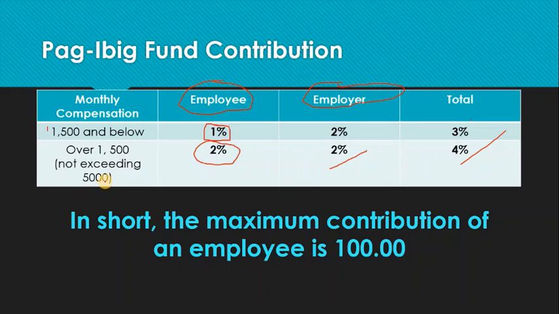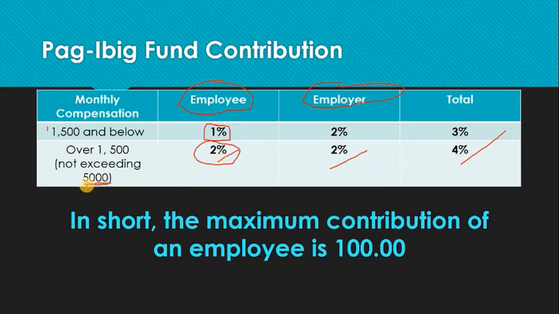Example, my salary is 6,000. That is over 5,000 already, so the computation will be based on 5,000 pesos. If my monthly salary is 10,000, I will not get the 2% of 10,000. Instead, I'll get the 2% of 5,000 because that is the scheme. In short, the maximum contribution of an employee is 100 pesos because that is 2% of 5,000.